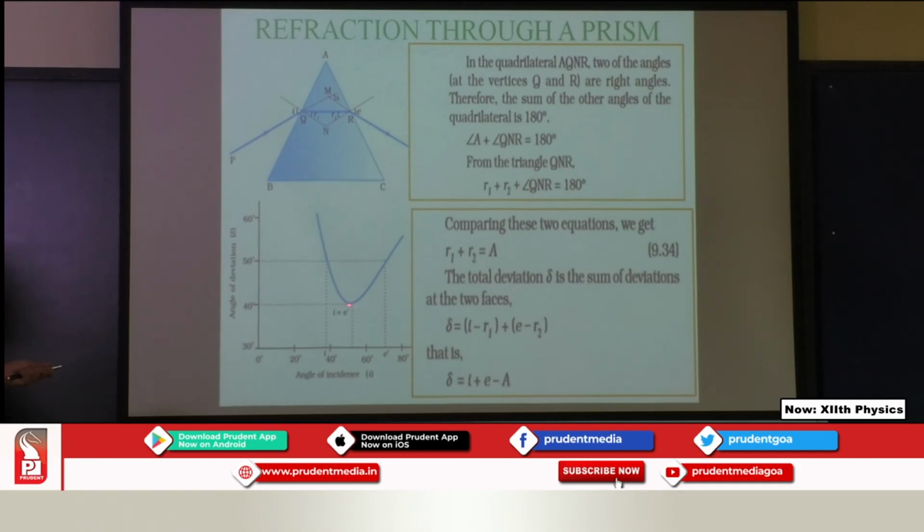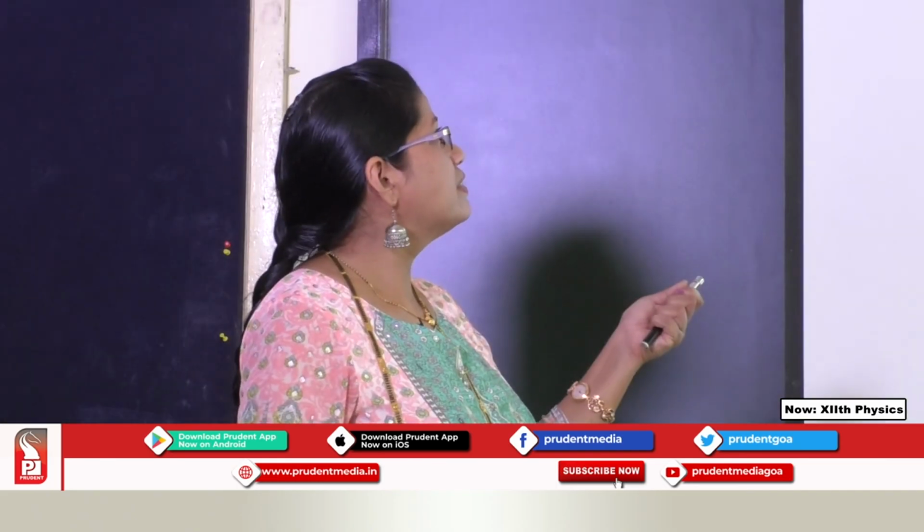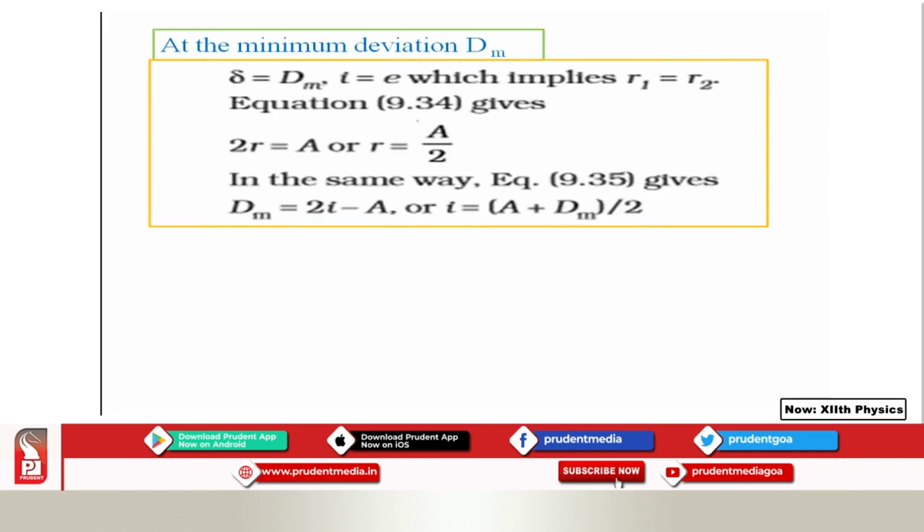And at this point, what you can see over here is I equals E. At the minimum deviation point, angle of incidence is equal to angle of emergence, and this particular refracted ray is parallel to the base, and because of that I can say R1 is equal to R2. So, at the minimum deviation delta m, I becomes equal to E, which implies R1 equals R2.